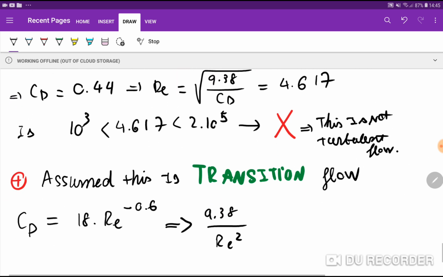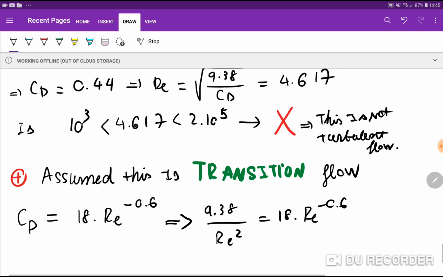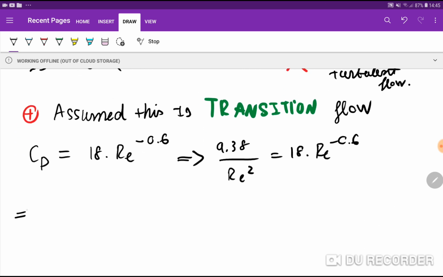Okay. Equal to 18 times Reynolds number to negative 0.6. Okay. And then if you times RE squared both sides, you get this. RE to the power of 1.4.